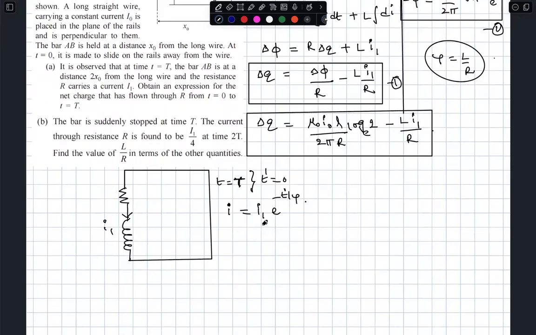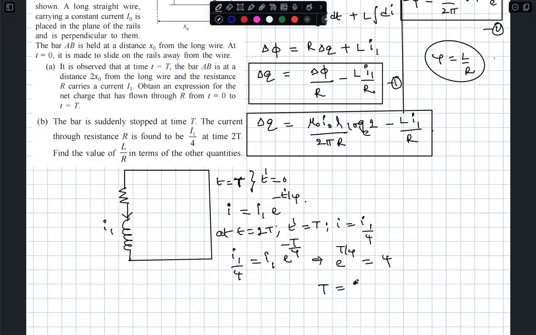You said at t equals 2T, or in my language, t dash equals T, the current is I1 by 4. So I1 by 4 is I1 times e to the power of minus T by tau, which means e to the power of T by tau is 4.